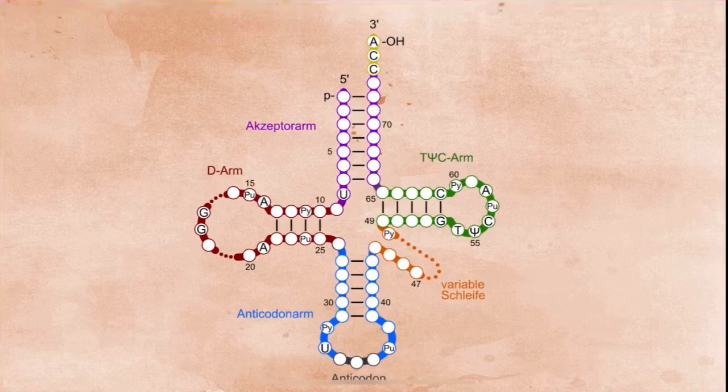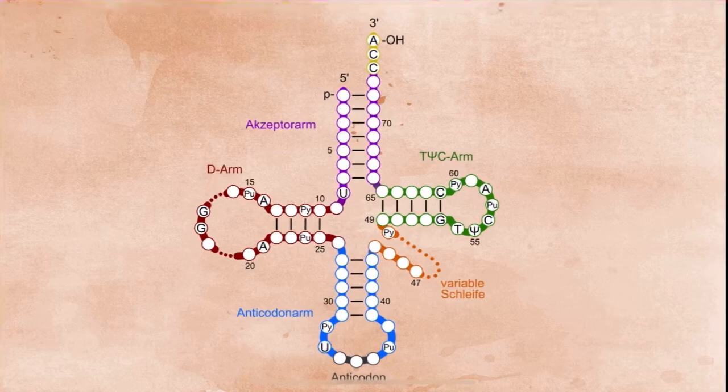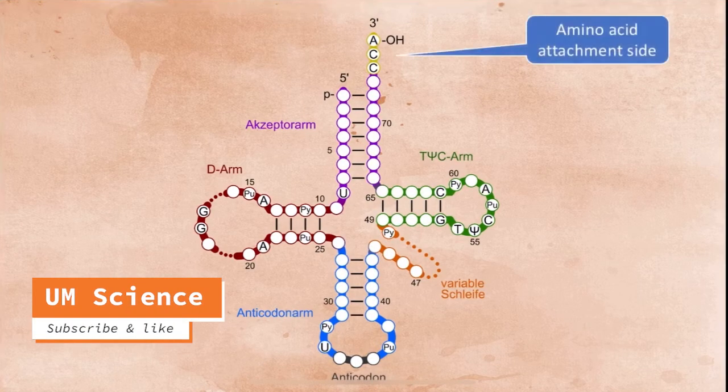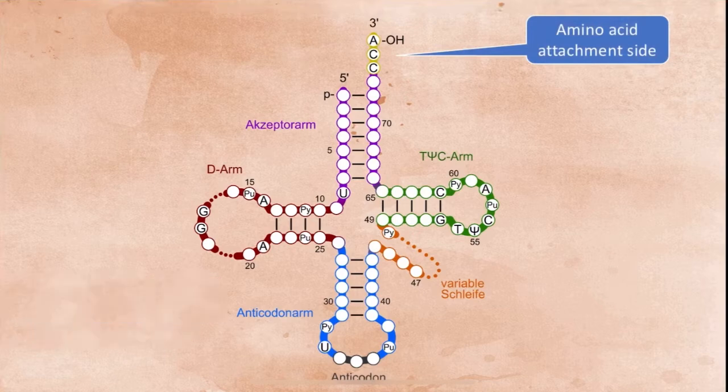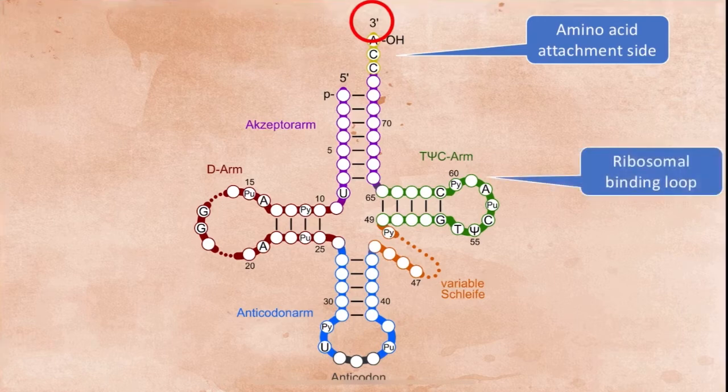Now, if we see in detail the structure of tRNA, it contains a topmost area, that is the amino acid attachment site at the 3' end of the strand, where the amino acid will bind at the free OH, and then it is carried to the mRNA for translation. Another arm is the ribosomal binding loop, also known as the T-Psi-C arm.